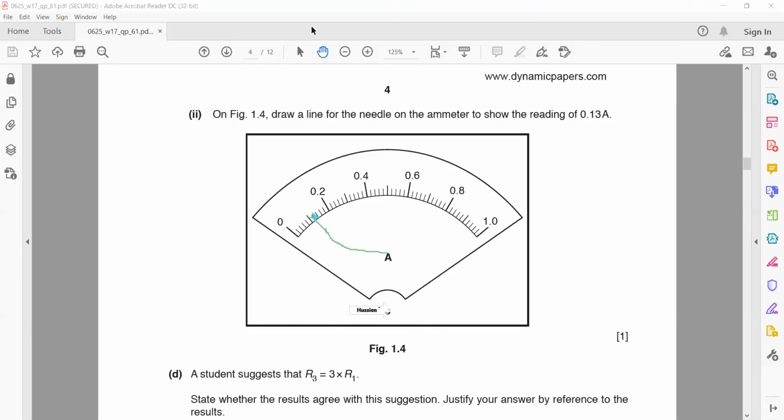When you draw, it's not great, but it's the best I could. Basically, this is the position of the pointer, and that's 0.13. You will show the pointer reading. That's right. Thank you.